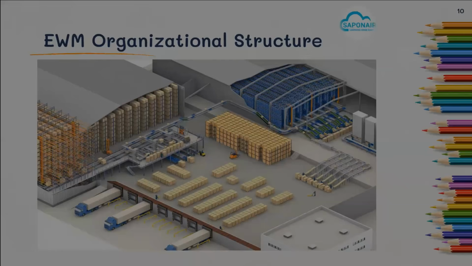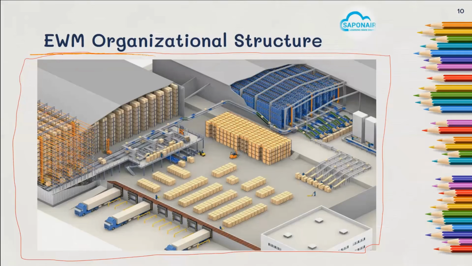So here you see, this is a warehouse. This is how a typical warehouse looks. Now these spaces I am defining as storage types: storage type one, storage type two, storage type three, four, five.